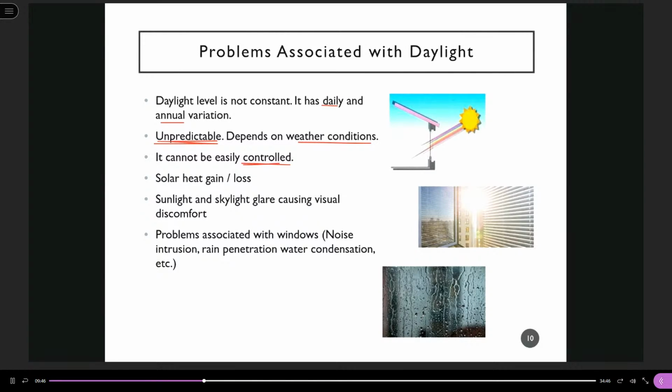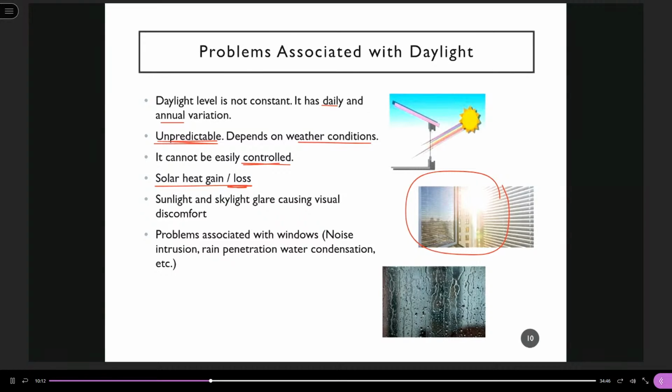And it has solar heat gain or solar heat loss when you have a window. The window is always the weak point in the facade. In the facade, you may have a very thick wall to insulate the interior from the exterior. But when you need daylight, you need an opening in the facade, right?